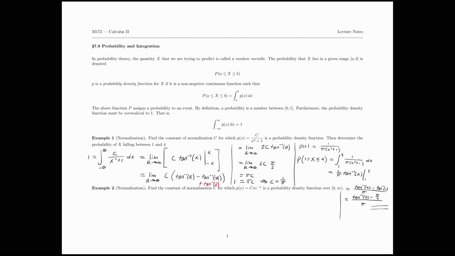Since this does represent a probability, it would probably be nice to think of this as a decimal and not as some exact answer. So rounding to the nearest hundredth, this is a probability of 0.17. There we go.